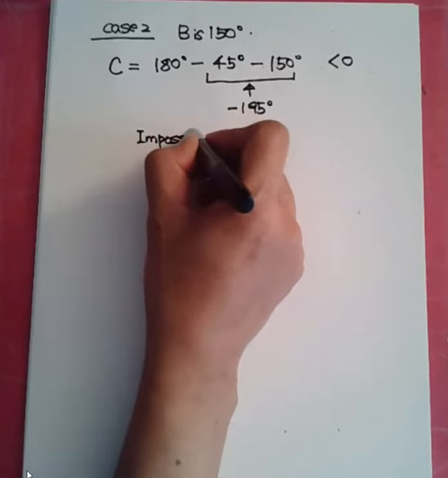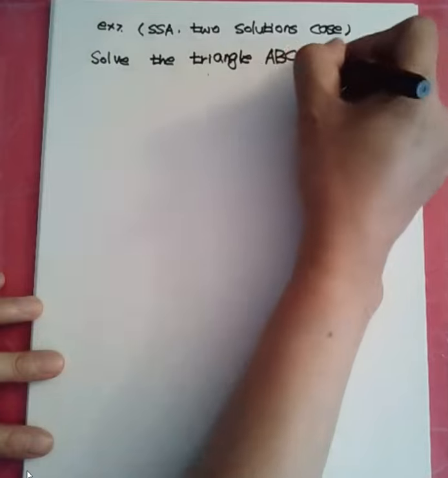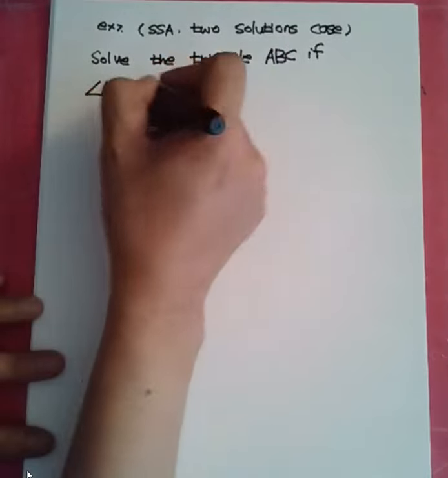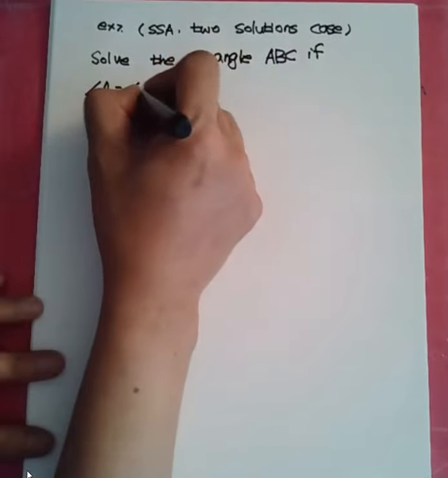Solve the triangle ABC if angle A equals 43.1 degrees and side length a is 186.2 and side length b equals 248.6.